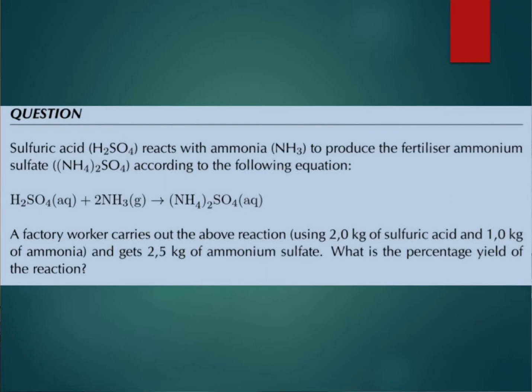However, the question differs: a factory worker carries out the above reaction using 2 kilograms of sulfuric acid and 1 kilogram of ammonia. They get 2.5 kilograms of ammonium sulfate. Now they want to know what is the percentage yield of the reaction.